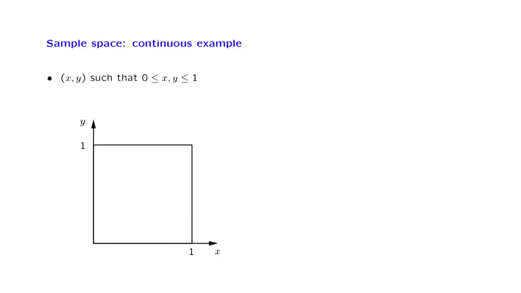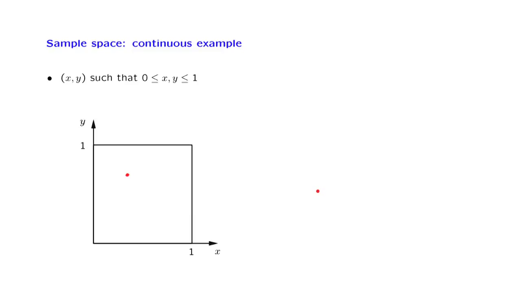So we have a rectangular target, which is the unit square, and you throw a dart on that target. Suppose that you are so skilled that no matter what, when you throw the dart, it always falls inside the target.